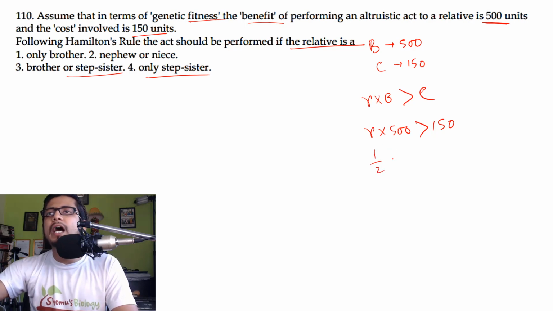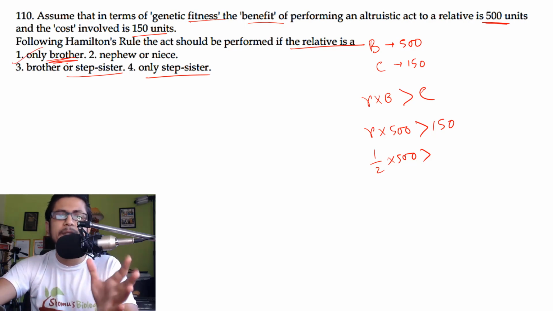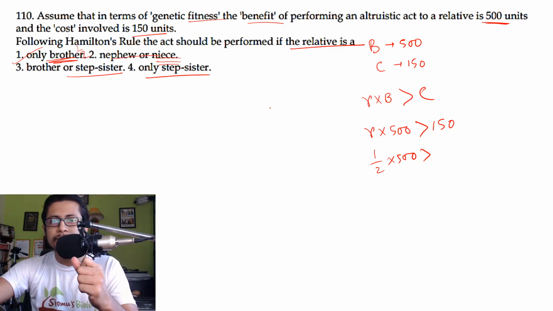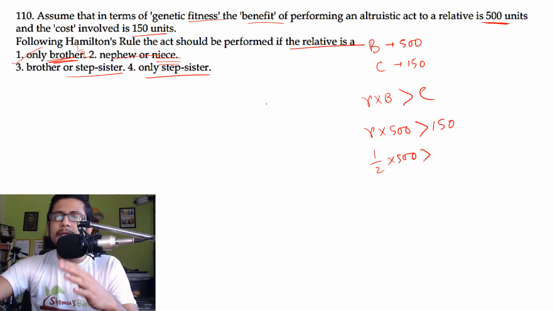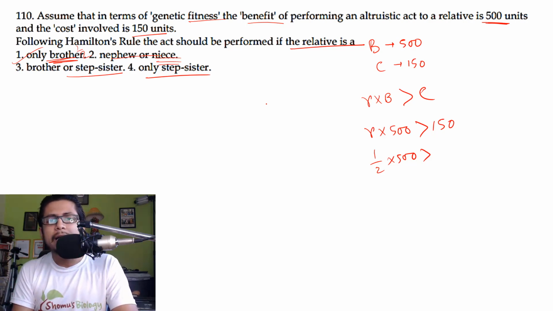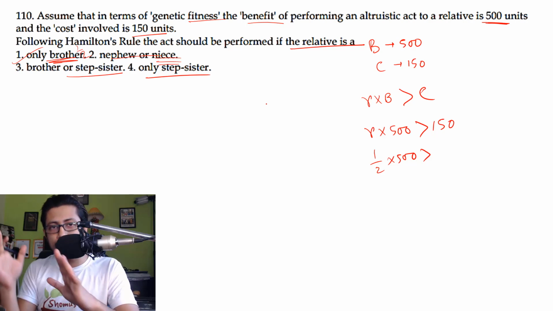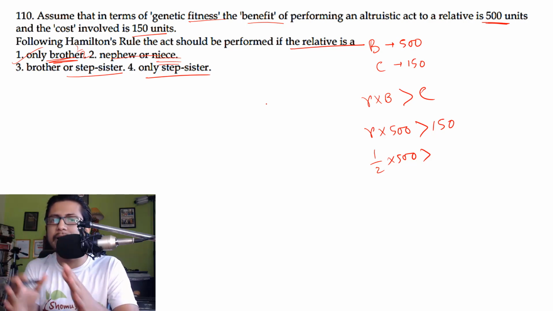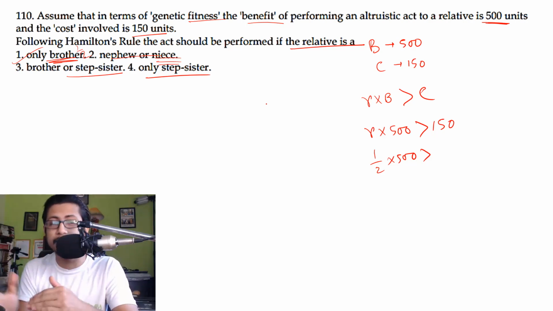Now R, if the R value is half, which is exactly the idea for the brother, you know, you have 50% genetic relatedness with your brother. So for a brother it's half, but for a nephew it's not half, because you and your brother, and it's a son of your brother. So the relation between your brother's son and the brother is half, and between you and your brother is half.